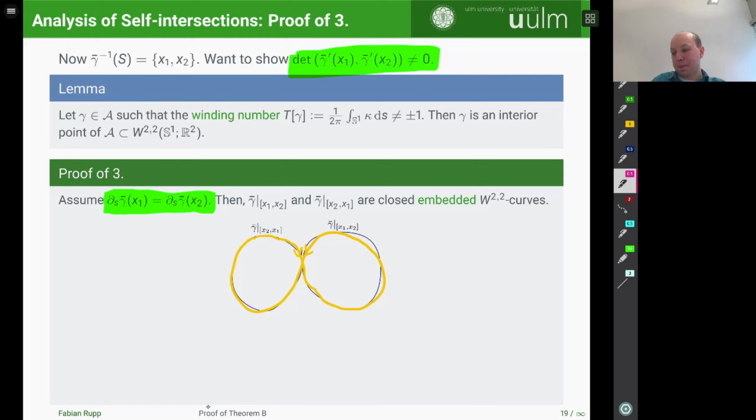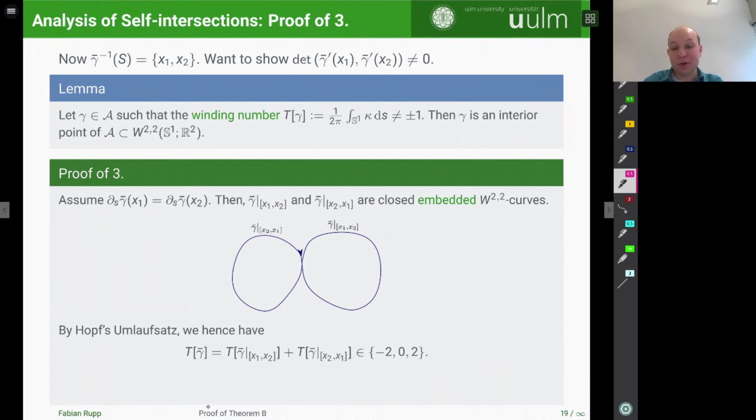And there's a version of the Gauss-Bonnet theorem in one dimension, also called Hopf's Umlaufsatz, which says that any embedded closed curve has winding number plus or minus 1. So this here is plus or minus 1, and this here is also plus or minus 1. But then the sum can only be minus 2, 0, or 2.